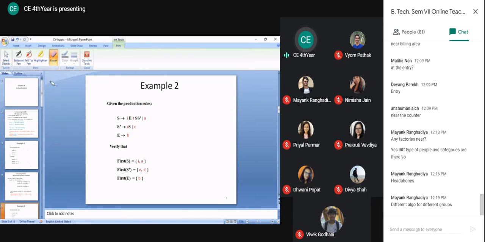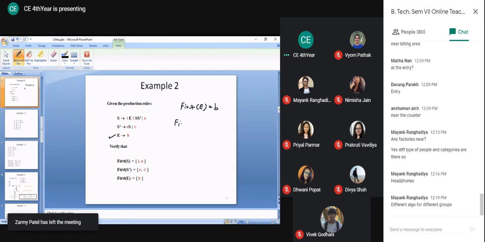So now here let us see how we can compute the first. So now here you can see for the first of E, it is straightforward. It is only B because we have only one rule. Now for first of S dash, we have two different rules.